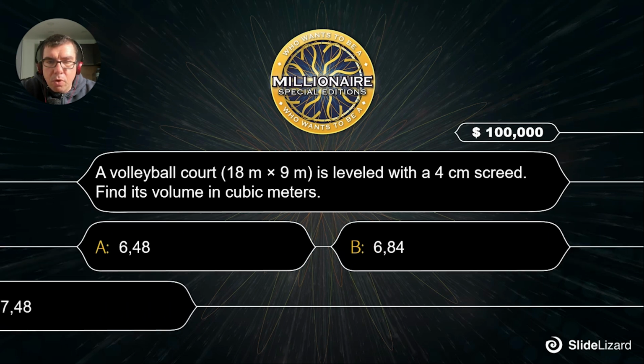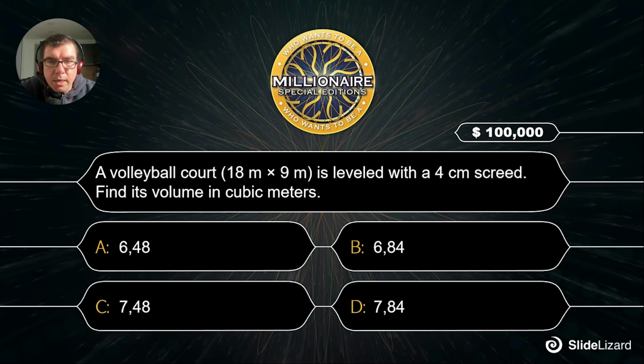A volleyball court 18 by 9 is leveled with a 4 cm screed. Find its volume in cubic meters. Okay, find the volume of the screed in cubic meters. Well, we just multiply. That's it.